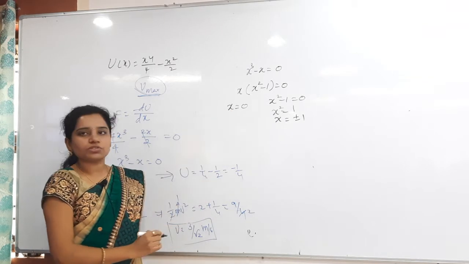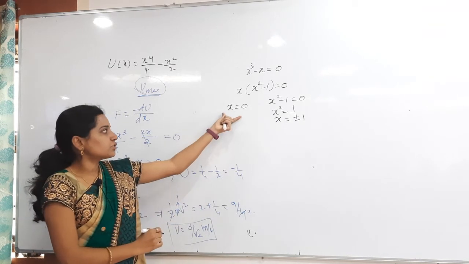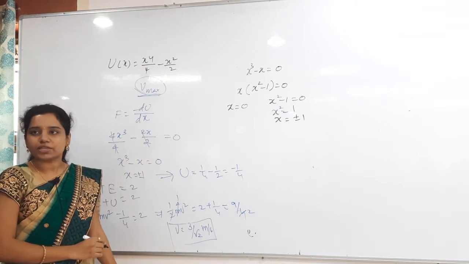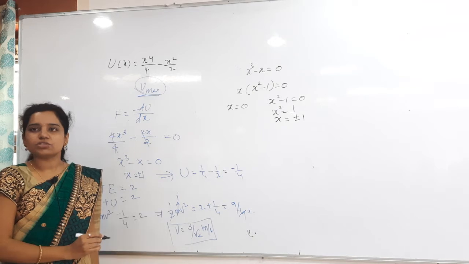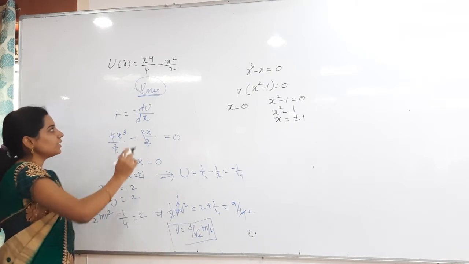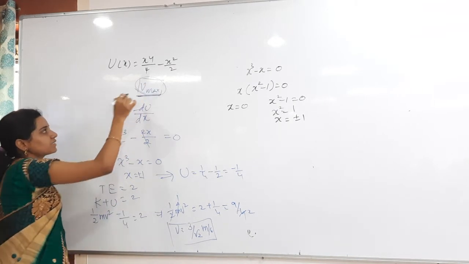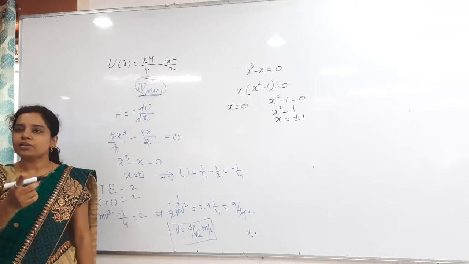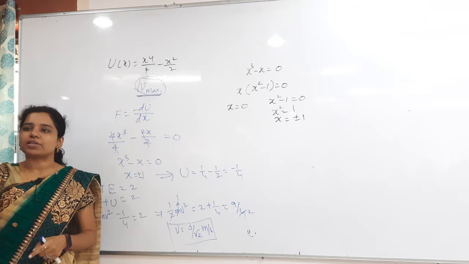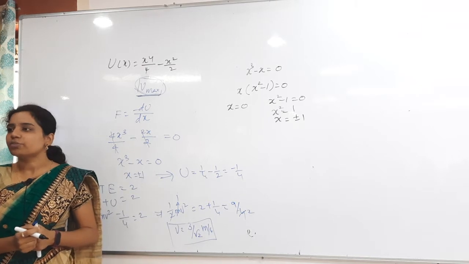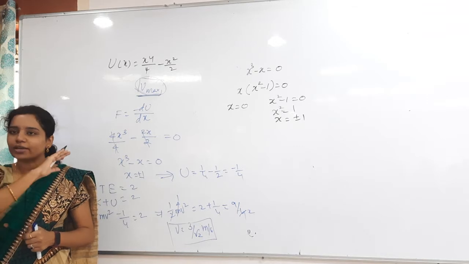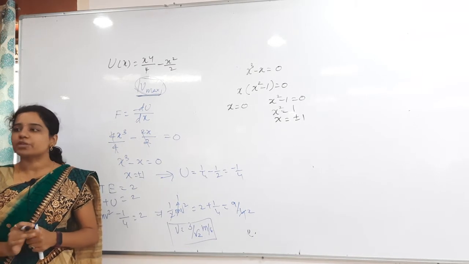Now at x is equals to 0, we get 0 by 4 minus 0 by 2, so everything is 0. Also here they are saying that the velocity is maximum. Velocity maximum means kinetic energy is also maximum. Whenever the kinetic energy is maximum, at that time potential energy will be minimum. They should always be vice versa. Both can never be maximum, and both can never be minimum.